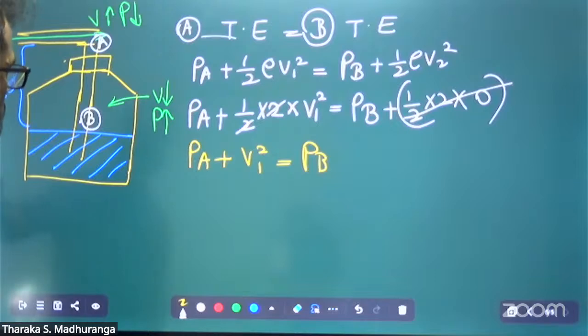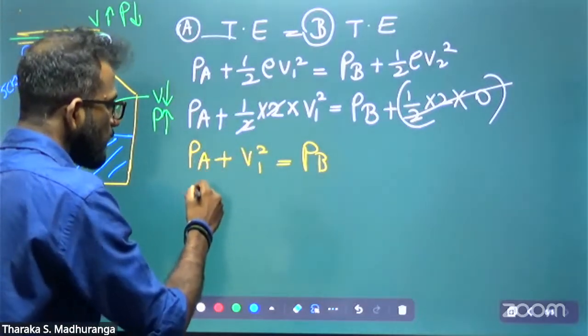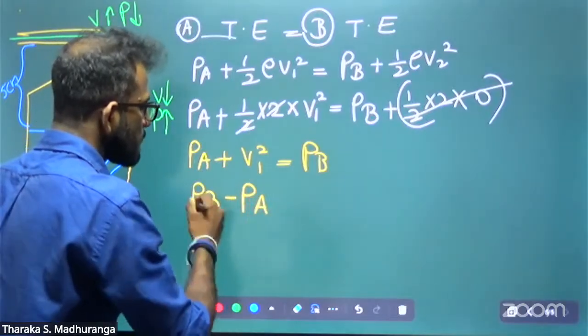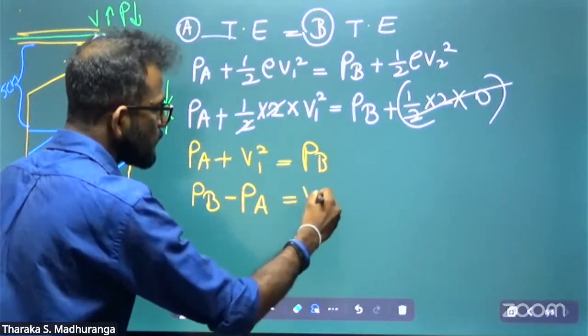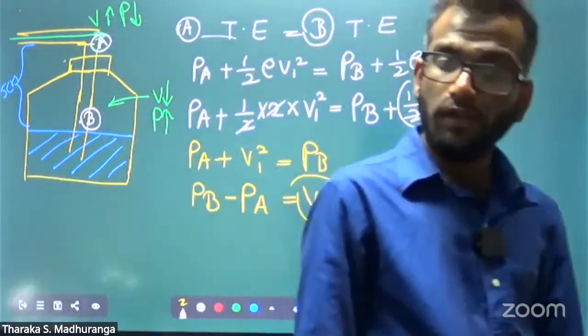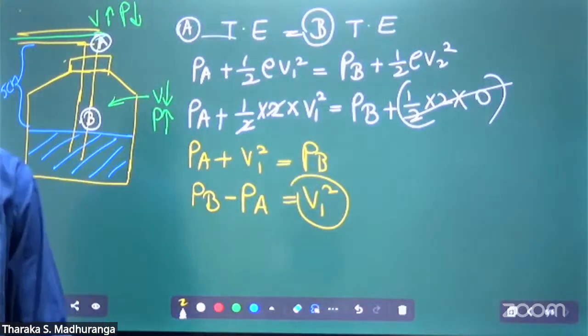PB is the higher pressure inside the vessel. Then PB minus PA, that is the pressure difference, equals V1 squared.